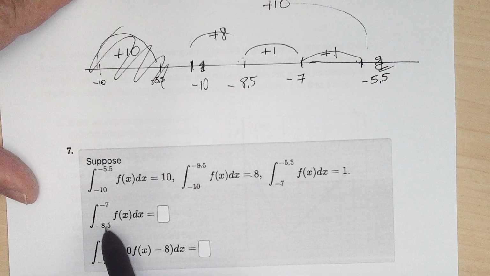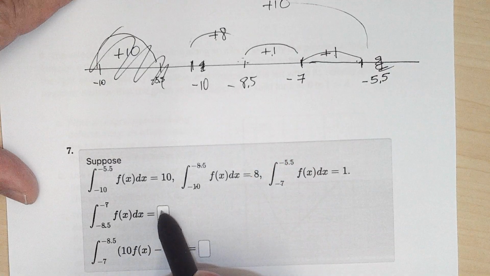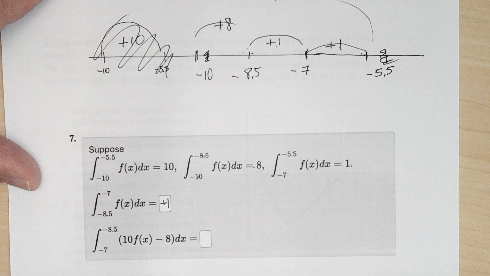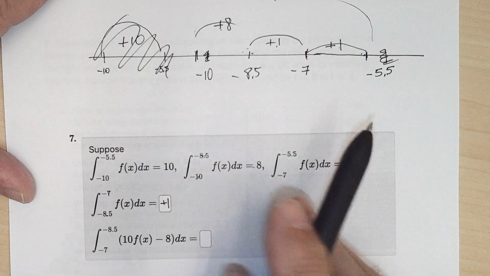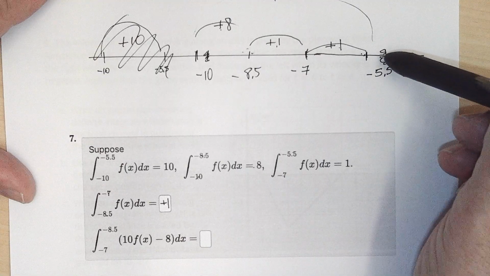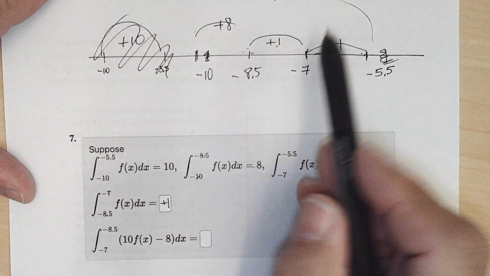So it says, what's the area from negative 8.5 to negative 7? We figured out that has to be plus 1. Now it's messing with us. It says, if we have an area of plus 10 from negative 7 to negative 8.5.